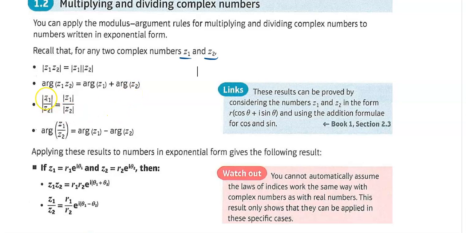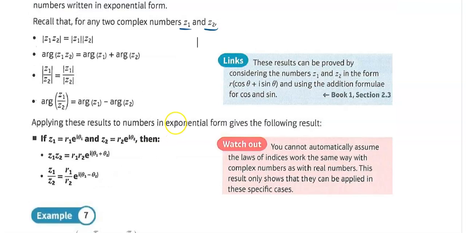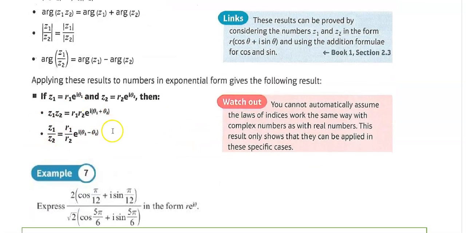Likewise, if you divide z1 and z2, the modulus of z1 divided by z2 is the modulus of z1 divided by the modulus of z2, and the argument of z1 divided by z2 is the argument of z1 minus the argument of z2. Okay, so if you apply these to what we've just done, in modulus-argument form, z1 times z2 is equal to modulus r1 times modulus r2, then e to the power of i(theta 1 plus theta 2), where theta 1 and theta 2 are the arguments.